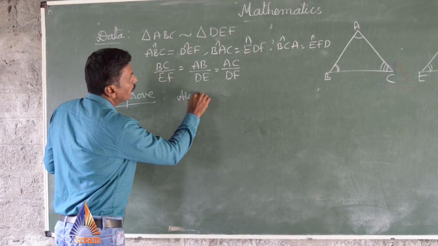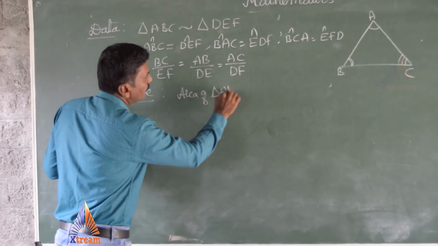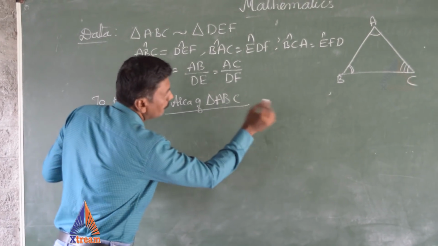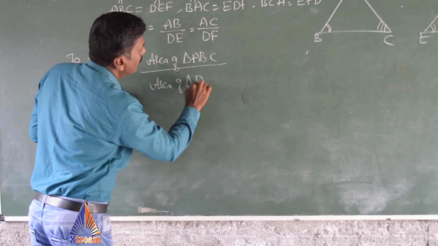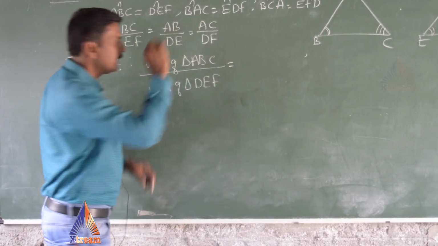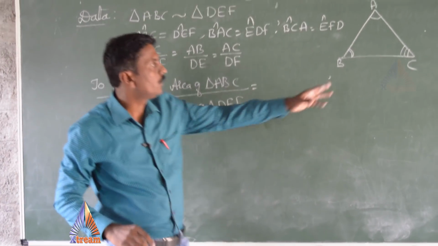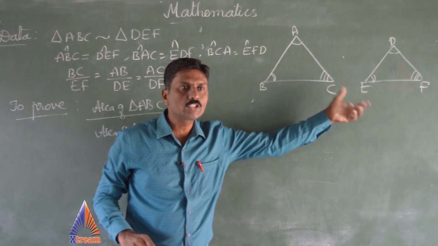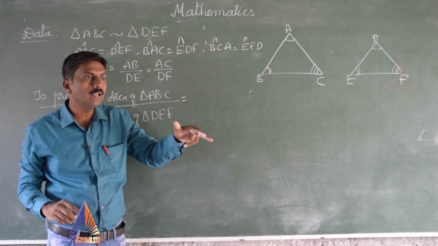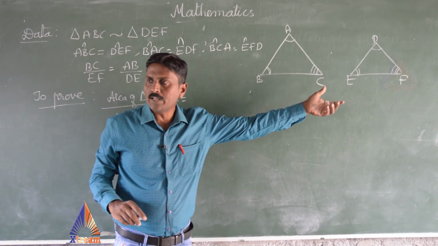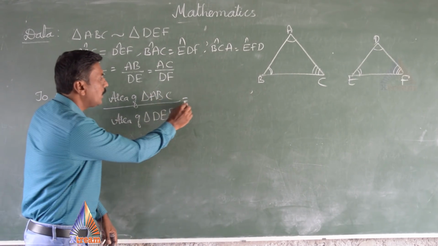So, area of triangle ABC by area of triangle DEF is equal to, you have to find the areas of these two triangles. Their ratio, the ratio of areas of two similar triangles should be equal to what?